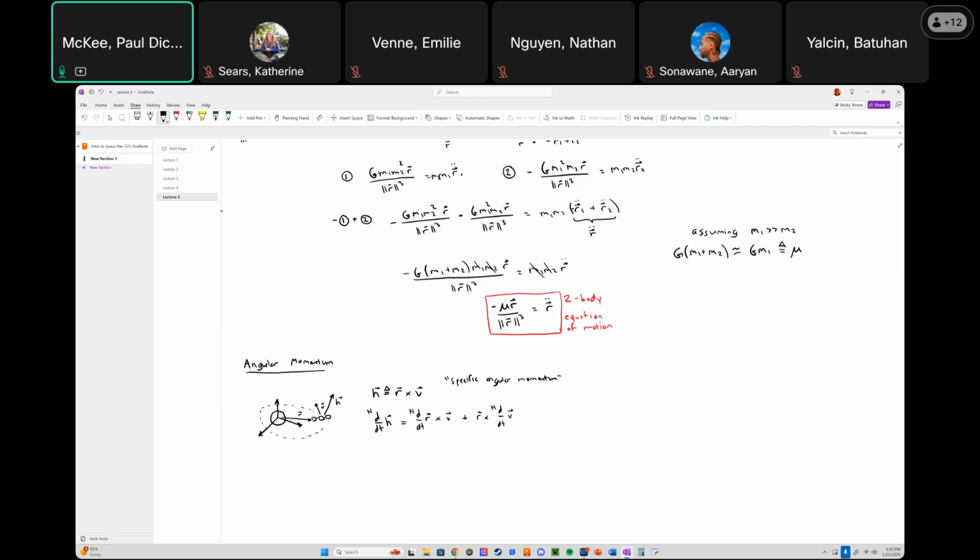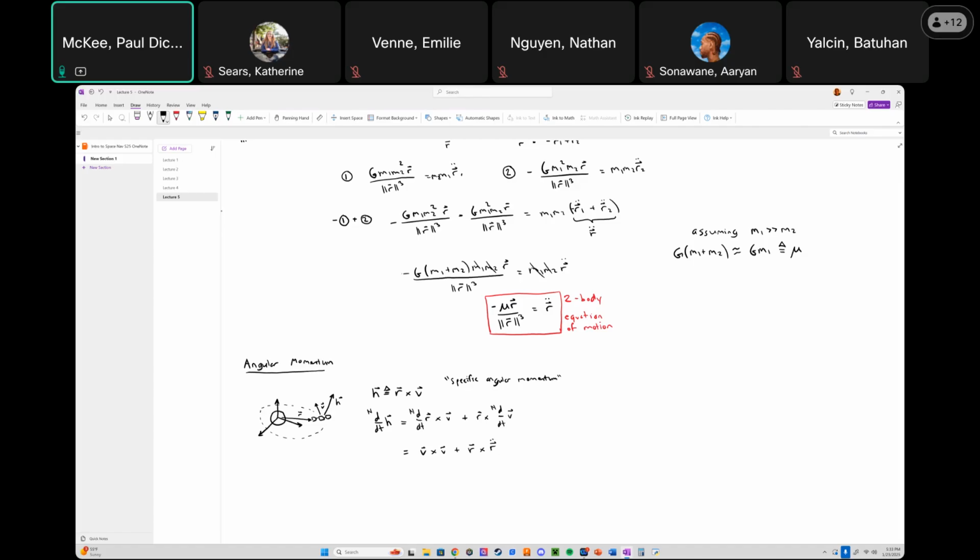That's basically the idea that we're going for here. So this is the product rule. Okay, great. Now, what is the derivative of r? Well, the derivative of r is velocity. So this is velocity crossed with velocity. And then what we get here is r crossed with acceleration, or I guess we'll call this r double dot.